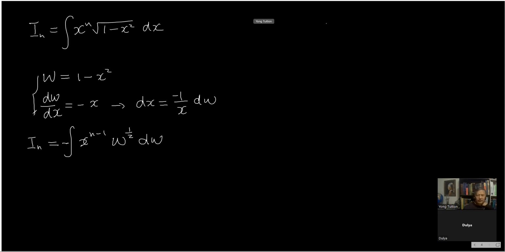Do you agree? Yeah. So we don't have to worry about the square root, because this is easy now. Let's call this n plus 1, this is u. And v dash is equal to w to the half. Now, based on this, can you work out v quickly?